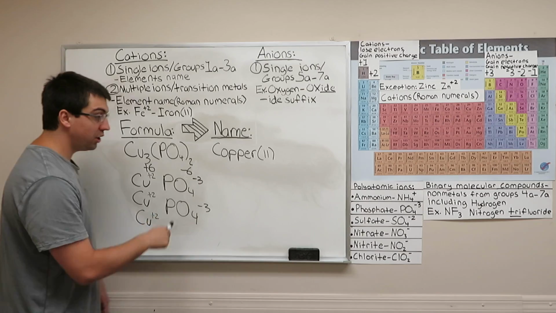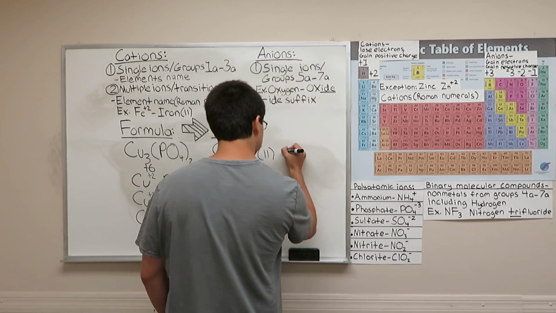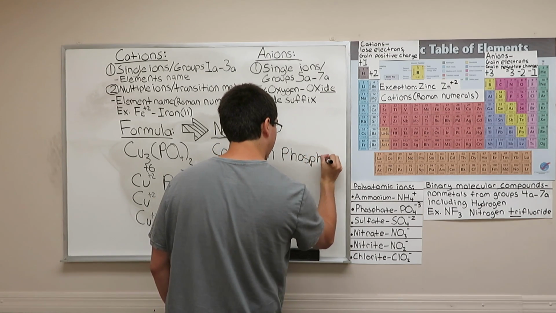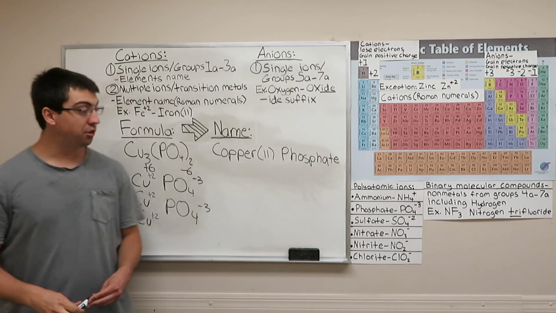And then PO4 is just going to take its name, which is phosphate. So our name is copper 2 phosphate.